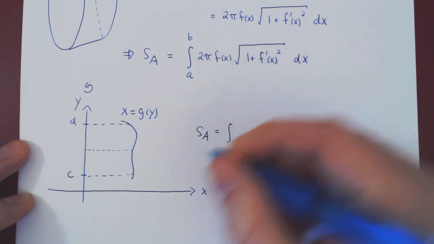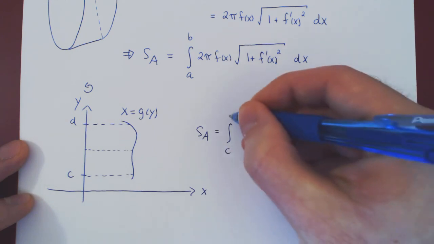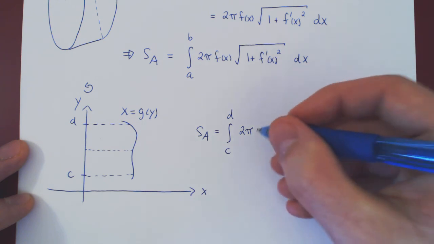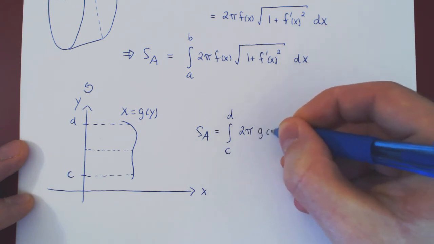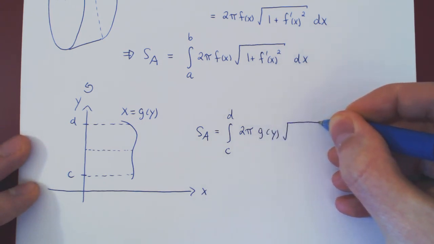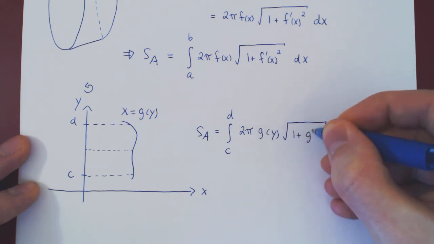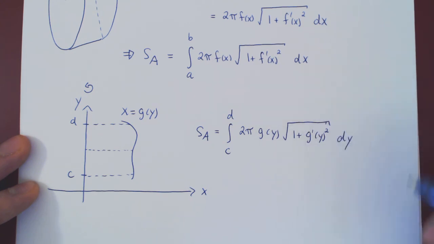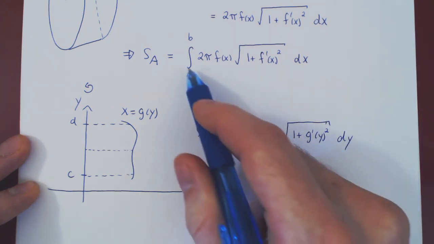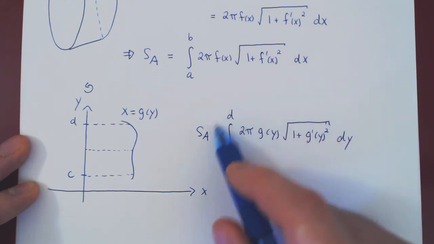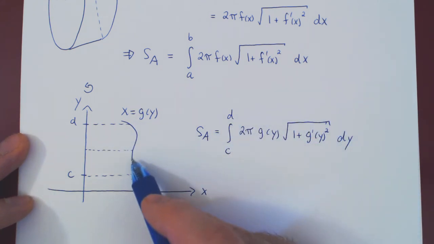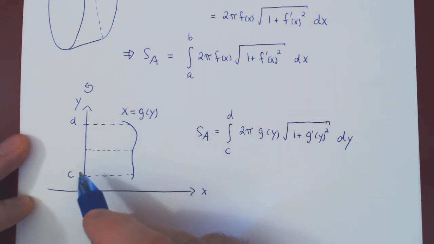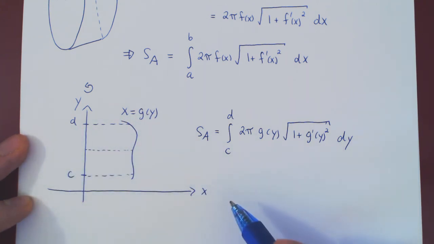So, we'll integrate from c to d 2 pi times the radius, g of y, times the square root of 1 plus the derivative of g squared times, of course, dy. So it's very natural, same explanation, and here's the surface area of the surface of revolution obtained by revolving this given curve where x is a function of y between y equals c and y equals d.